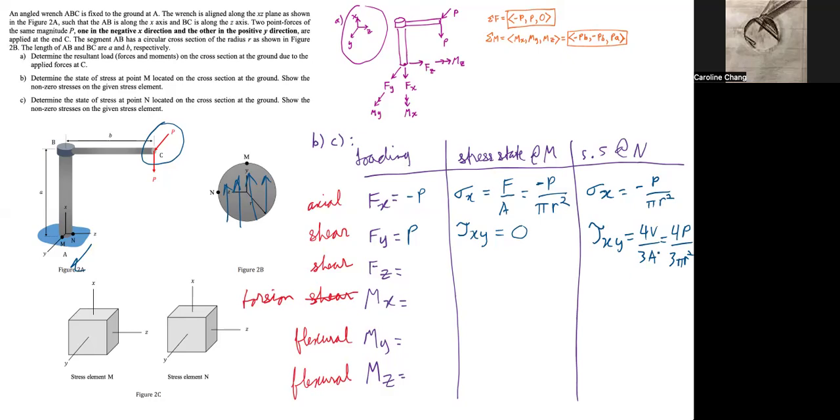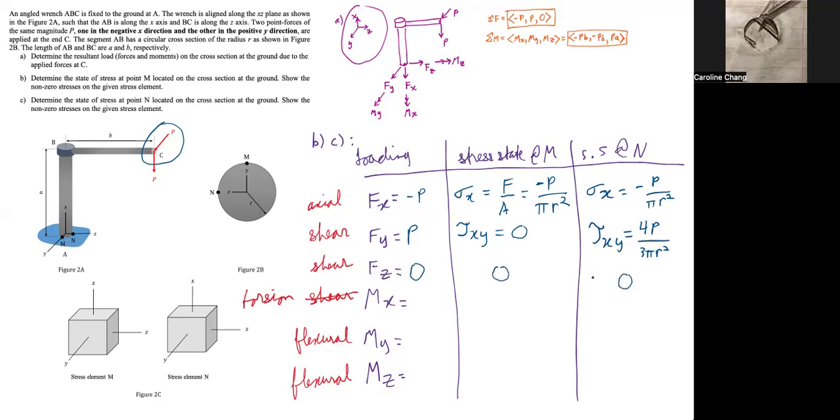And there's no other negative value here. So the shear stress is going to be along the positive y-axis as well, which implies that it's positive 4P over 3 pi r squared. So in the FZ direction, there's no loading, so all of these are going to be 0.